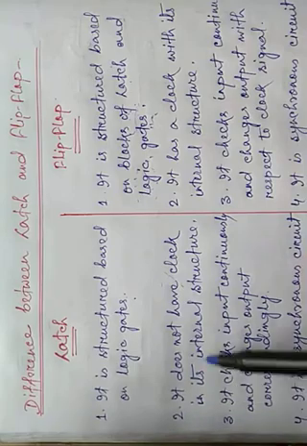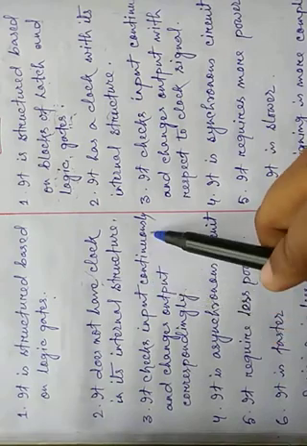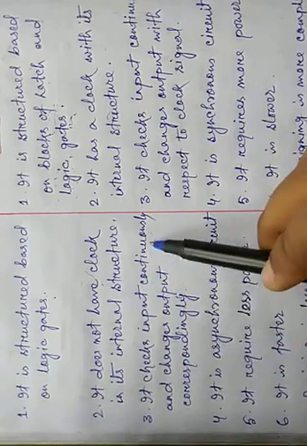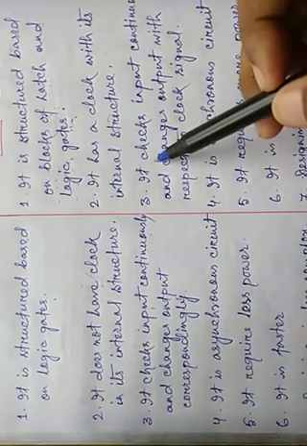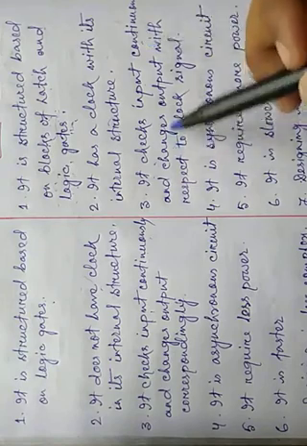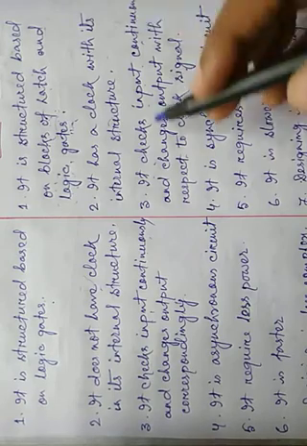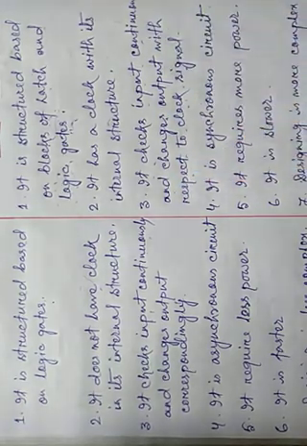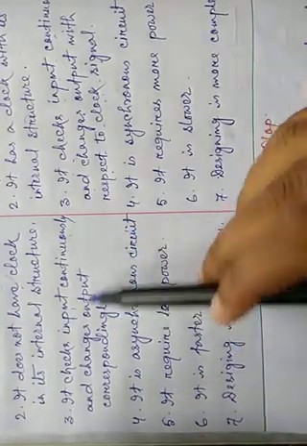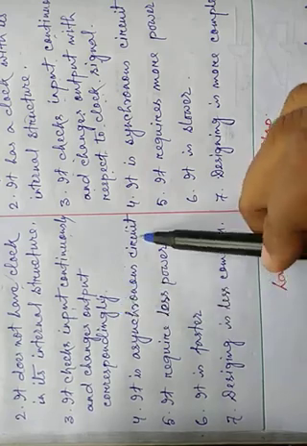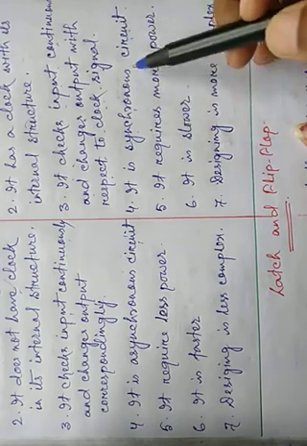A latch does not have a clock in its internal structure, while a flip-flop does. A latch checks input continuously to change outputs, so it depends totally on the input value, while a flip-flop depends on the input value and also the clock signal. A latch is asynchronous, meaning whenever there is a change in input, the output changes. A flip-flop is synchronous because we can control the output with the clock signal.